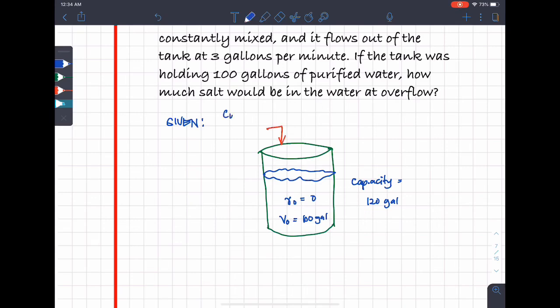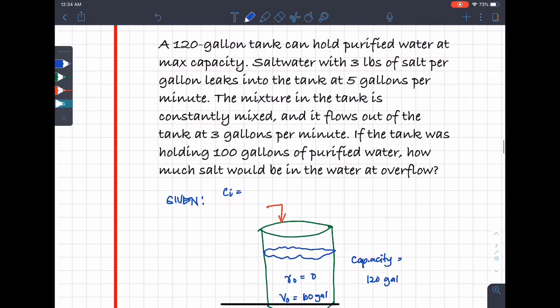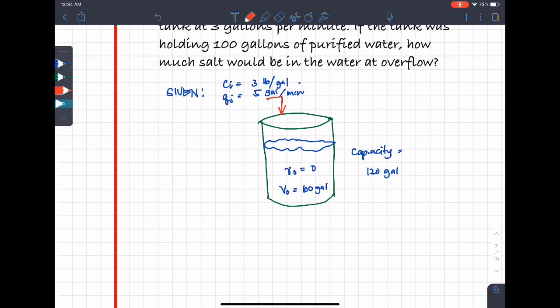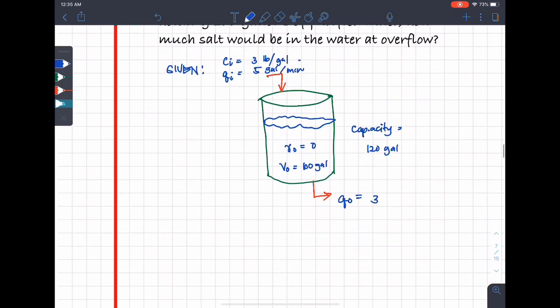Our input concentration of salt water is 3 pounds per gallon of salt. For our input flow rate, we have 5 gallons per minute. And for our output flow rate, Q out, that is 3 gallons per minute.